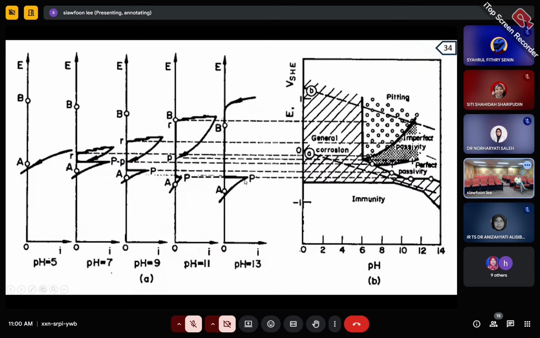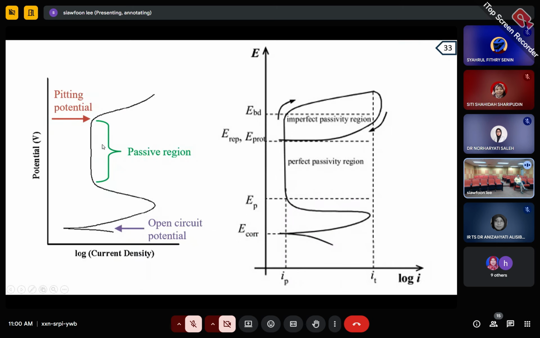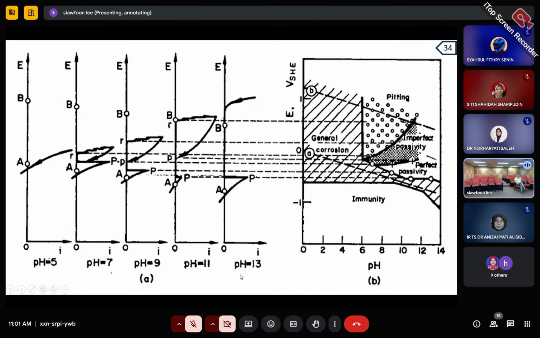And then you can see the existence of the passive region, which actually depends on the pH of the solution. If you have a pH of 13, you have a wide passive region, but if you go down to pH 11, the range becomes small.